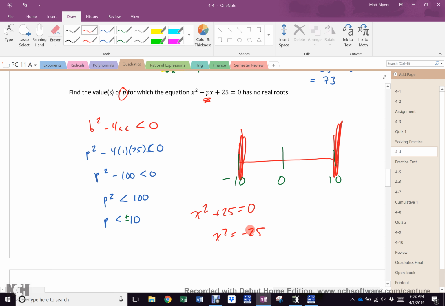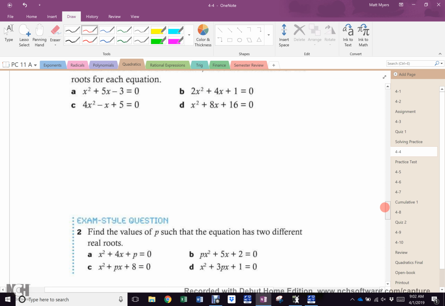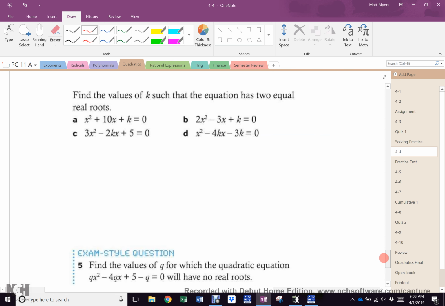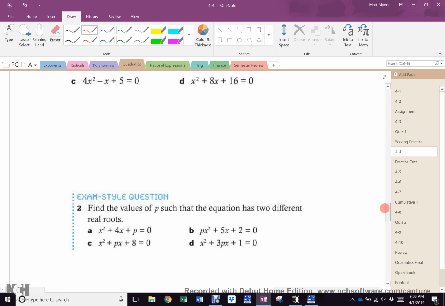Can I do that? Can I? So is 0 going to be allowed? No, so where must my values be? Right there and right there. Can't be in the middle. Everybody with me? Okay. You guys do the rest of 90 and 91, and that's it.